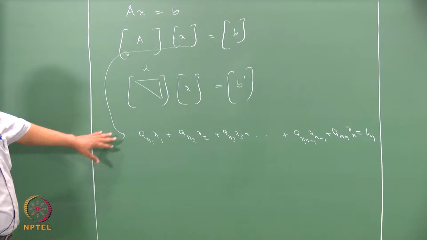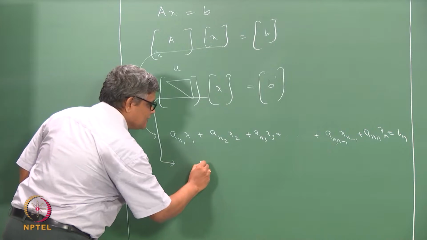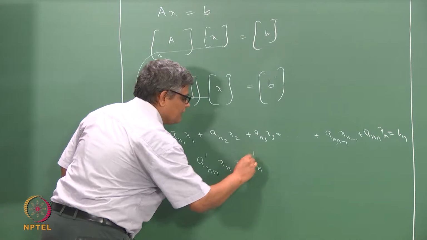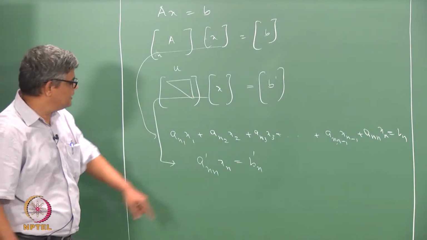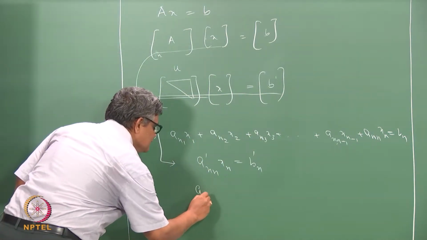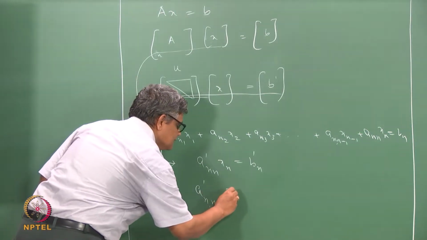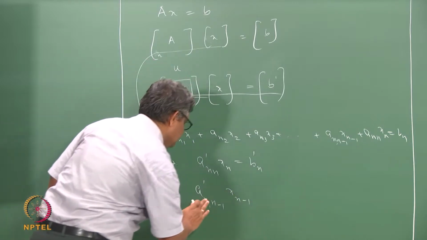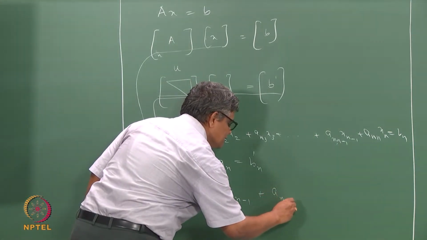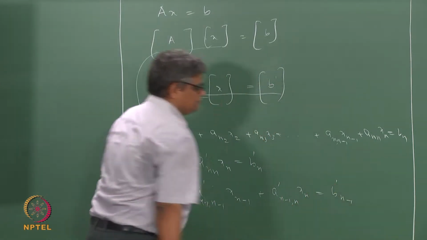So this is rewritten in this modified form. The last equation is written as a nn prime xn equal to bn prime. And the one which is just above this equation is written as a n minus 1 n minus 1 prime x n minus 1 plus a n minus 1 n prime xn equal to b n minus 1 prime.